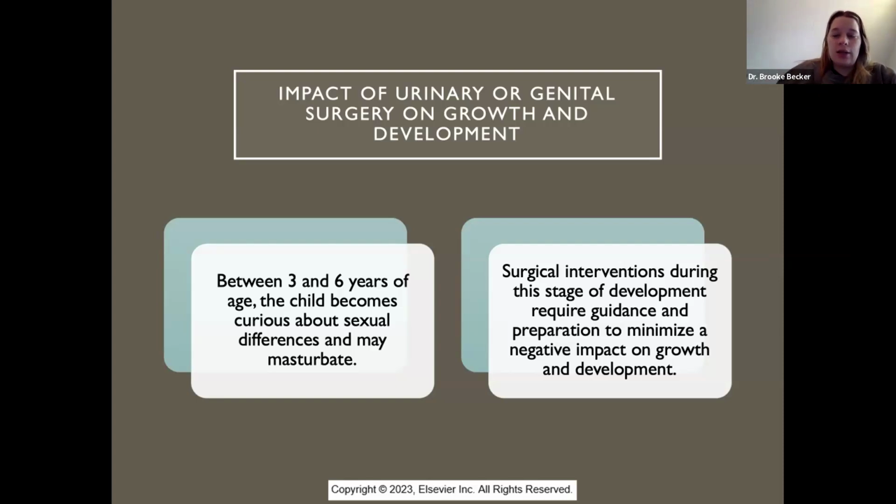So it's okay to be aware that there's differences in the surgical interventions may also then delay toilet training. Okay. So depending on the age that the surgery has to occur. That's why the goal is that they do those surgeries before we're progressing to toilet training, so we don't have a regression.